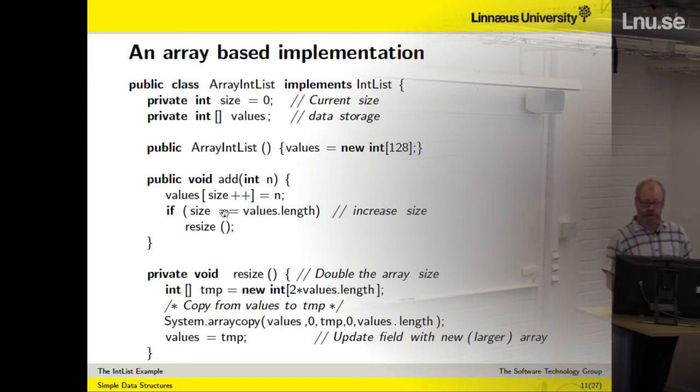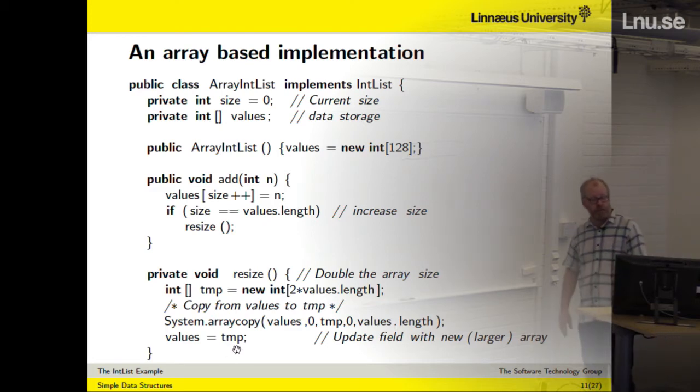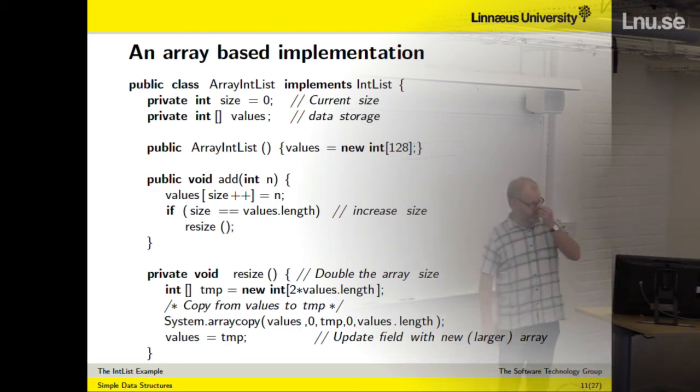So when it's full, then I call the resize method, and what I do down here is that I'm creating a new array twice as long as the current one, and then I copy all the elements from this one to this new one, and then I'm updating the field and saying that okay, now we should no longer use this one, we should use the one created up here. So I'm updating the field with a new and larger array. Did you get the idea?